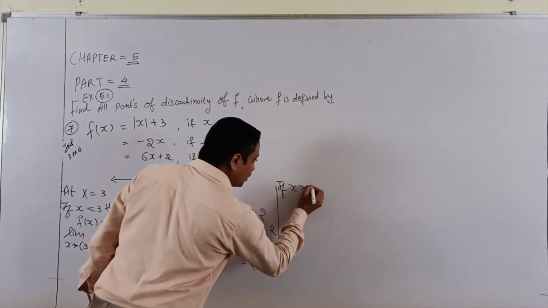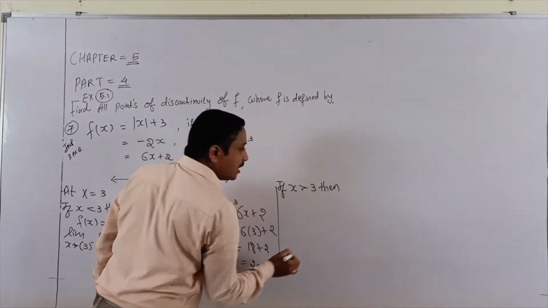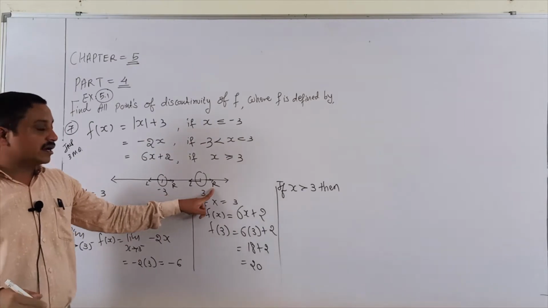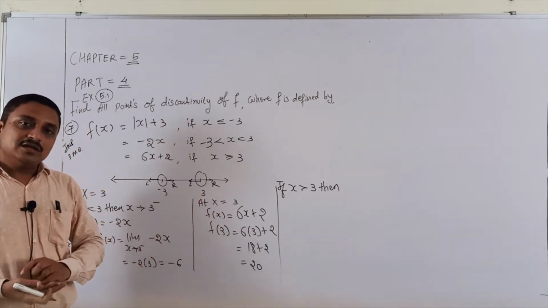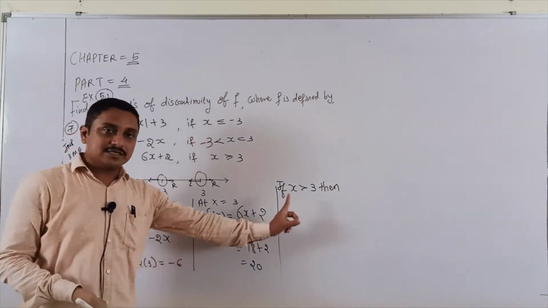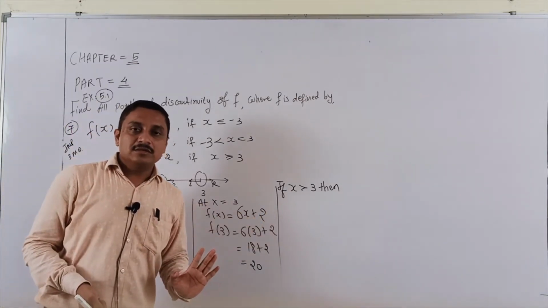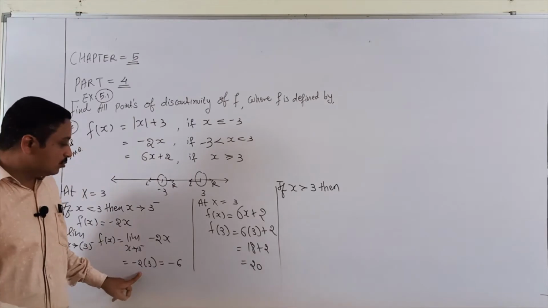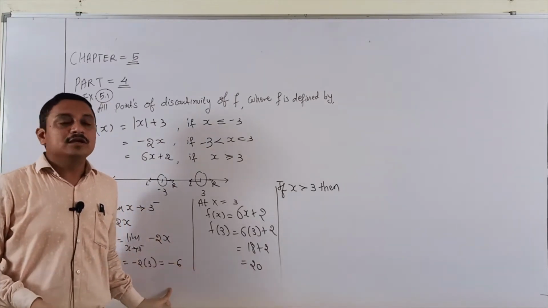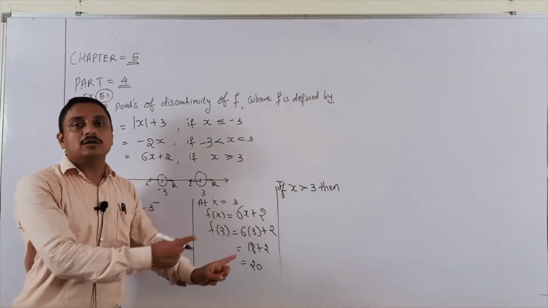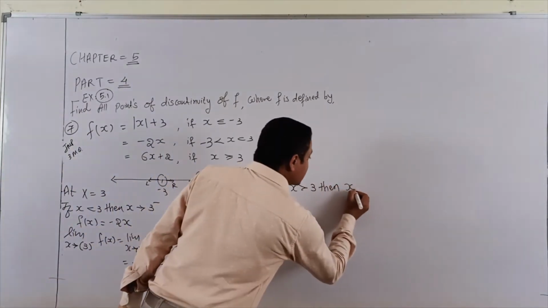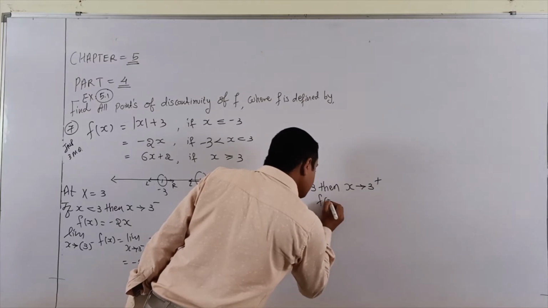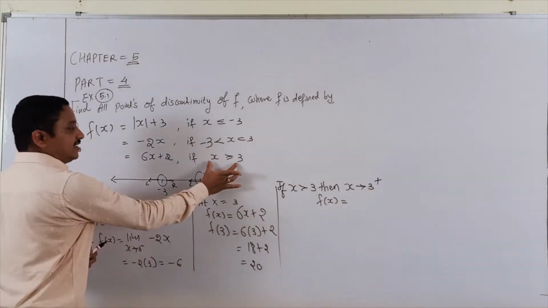If x is more than 3, students, now I go ahead to the right hand side limit. At the place of x equal to 3, you must show all 3 cases in the exam. Never stop at this, both answers are not the same. You necessarily show all 3 cases. So if x is more than 3, then x tends to 3 plus. Which function is taking?